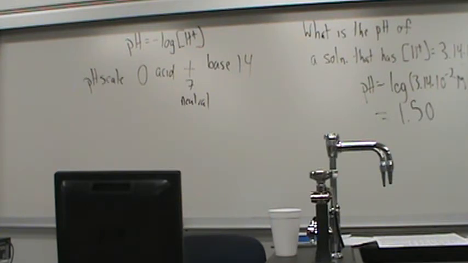Yeah. Look, for acids, the closer we are to 0, the more acidic it's going to be. Okay? For bases, the higher we are, or the closer we are to 14, the more basic it's going to be.